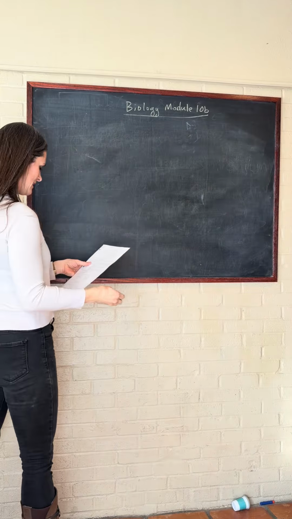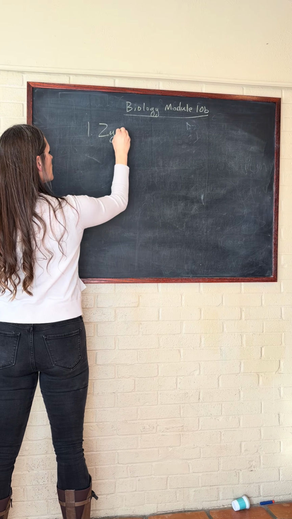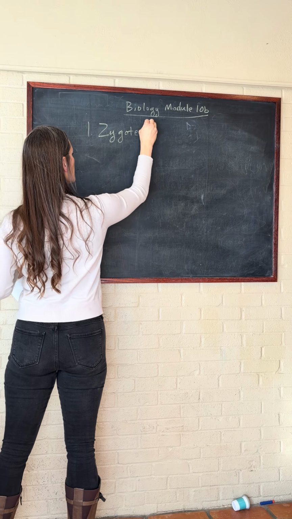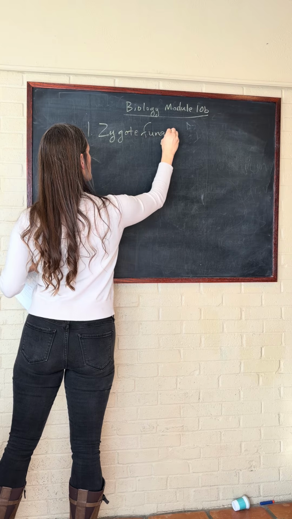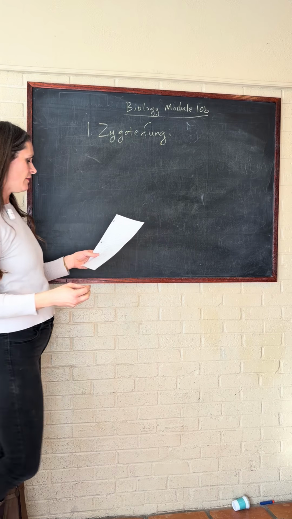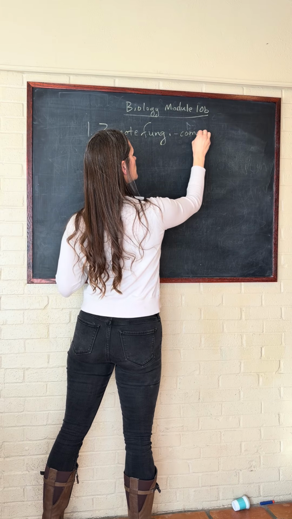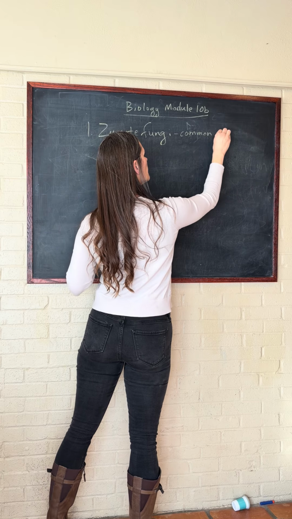The first one is zygote fungi. And here I'm going to draw the diagram, which I'm pretty sure is on your quiz, of what fungus looks like. So zygote fungi are our common molds. You guys have a lot of experience with these.